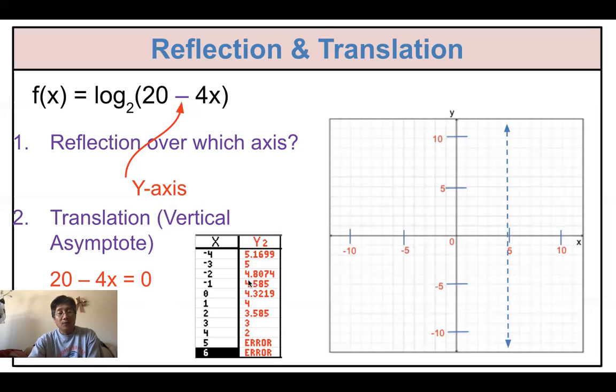And then look at the graph and look at the table and plot the points. So (-3, 5). Look at only the integer values, right? When x is -3, the y value is 5, plot the point. And (1, 4), when x is 1, y is 4, like that. And (3, 3), (4, 2).